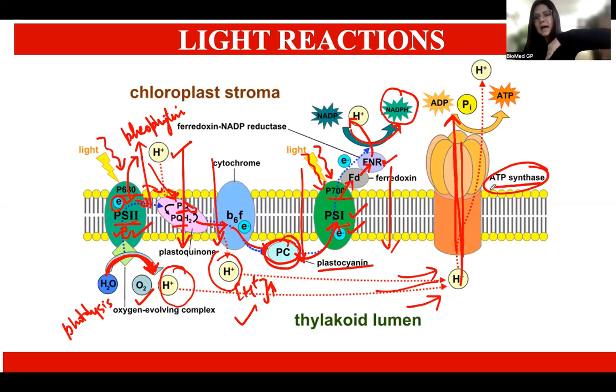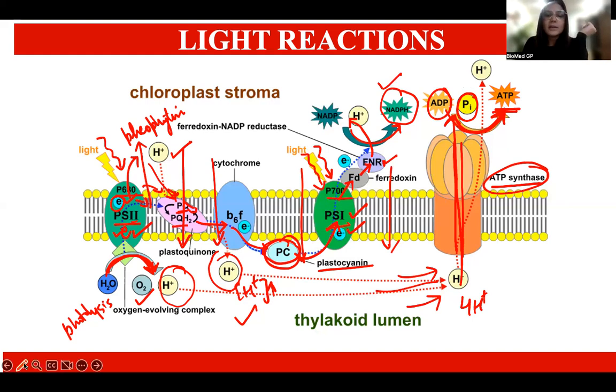When these hydrogen ions move through the ATP synthase, some energy is generated, some current is generated, because of which the ADP molecules combine with the inorganic phosphate, which is present in excess in the stroma, to form ATP molecules. Specifically, when 4 hydrogen ions move through the ATP synthase towards the stroma, one ATP molecule is formed. So this is how the light reactions take place.